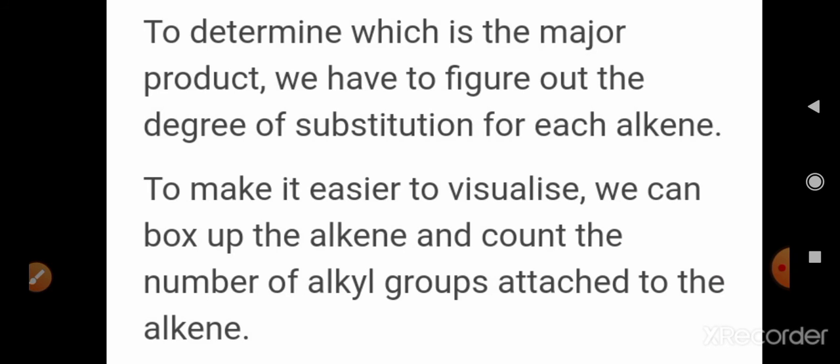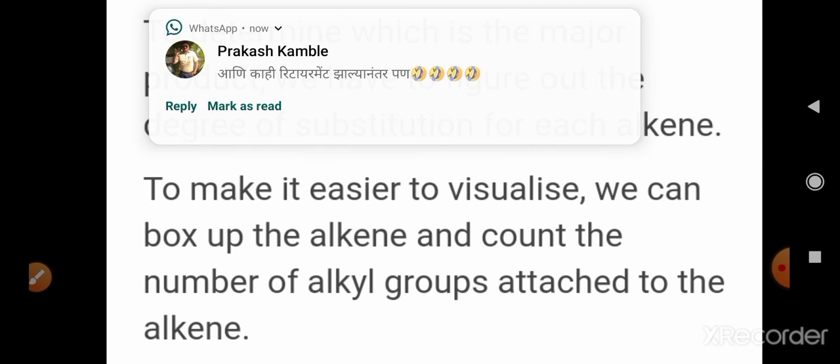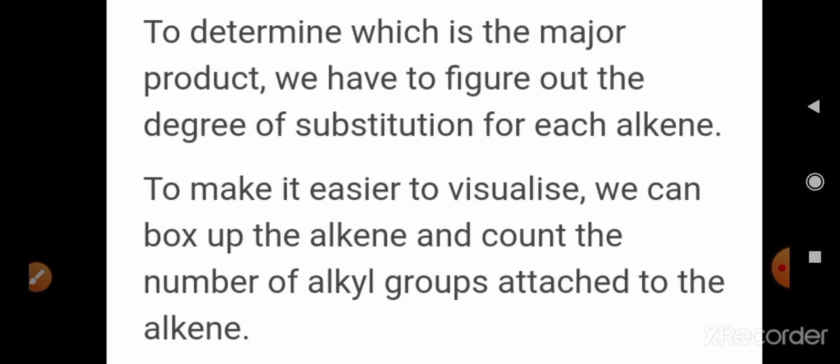Now to determine which is the major product, we have to figure out the degree of substitution for each alkene. To make it easier to visualize, we can box up the alkene and count the number of alkyl groups attached to it. Firstly, I will show you the dot structure of that alkene. After that, let us determine how many beta carbons are available, and there will be two combinations of alpha-beta carbons: one will be alpha-beta 1 and the other will be alpha-beta 2.